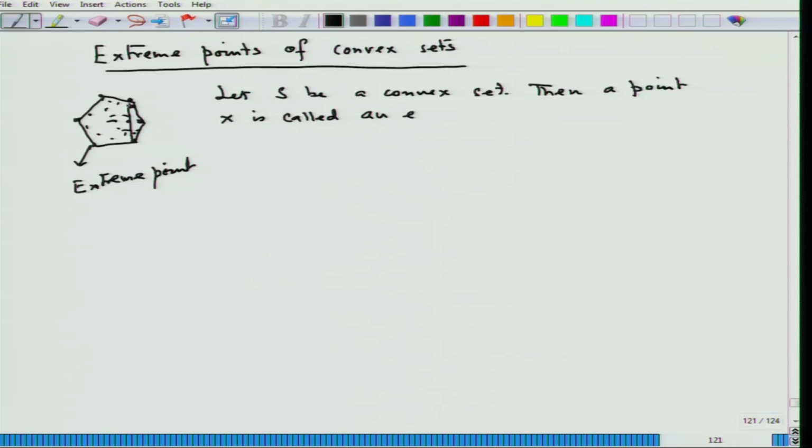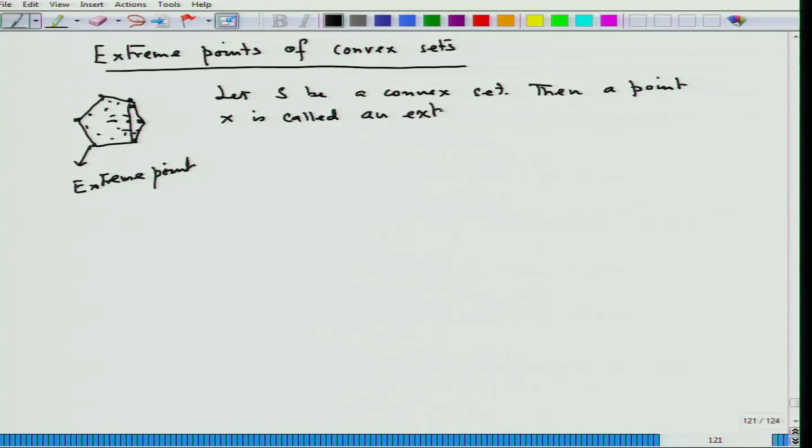If you take all such points, for example, on this line, this is not an extreme point. So, you cannot find any 2 distinct points on this set so that if you join those two distinct points by a line segment, this extreme point would be one among those points, a point on the line segment other than those 2 points.